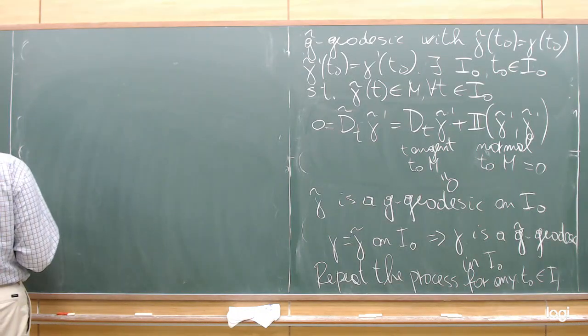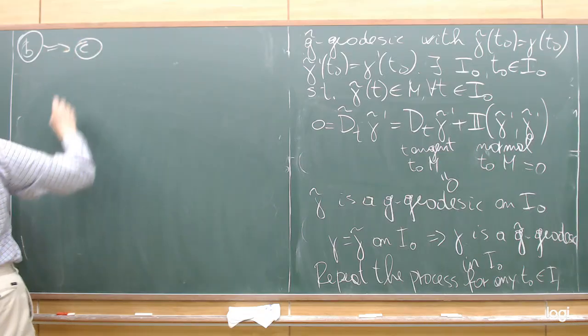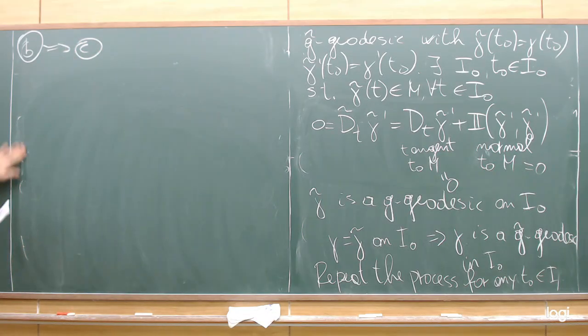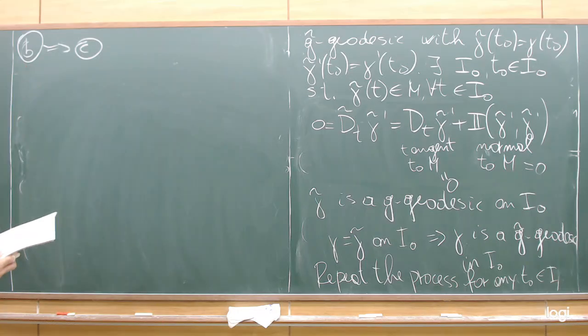So now I have to prove that B implies C. B is the statement according to which every G geodesic in M is a G tilde geodesic. I have to prove that the second fundamental form of M is equal to 0.